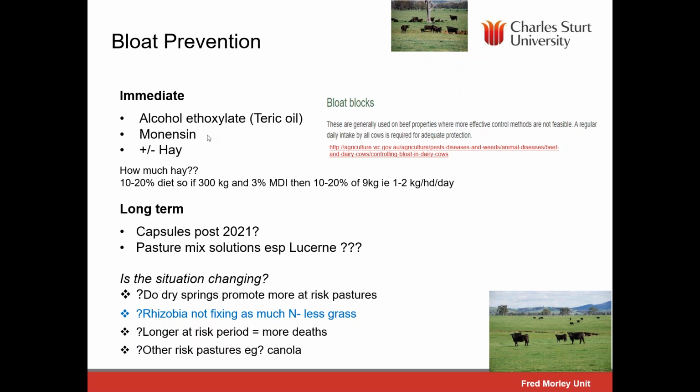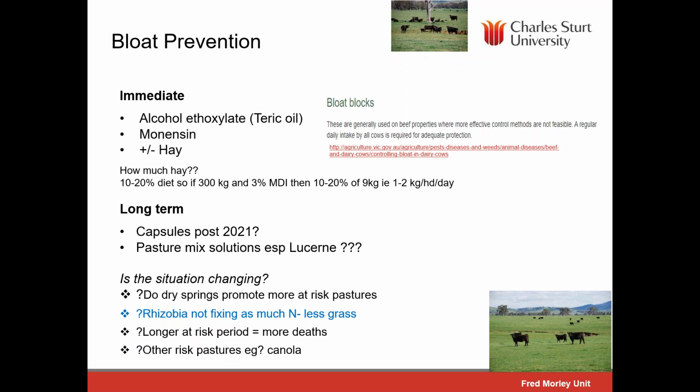It takes around about 10 and more likely 14 days for that to occur. So if you've lost an animal to bloat and you suddenly go and whip out some monensin blocks, those animals are still susceptible to bloat for the next 10 to 14 days.